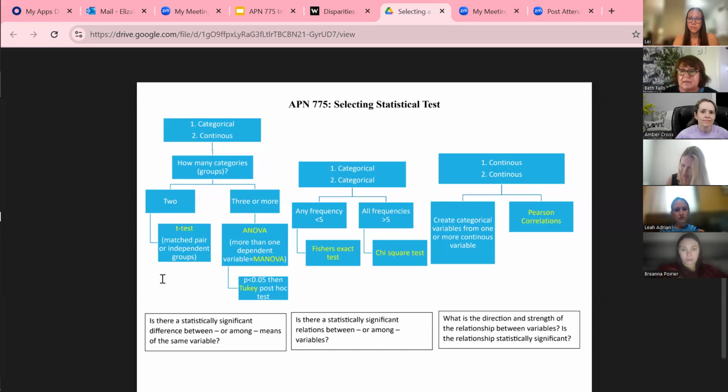So when you look at everything together, that's your inferential statistics. The other thing is lots of students had covariance as a heading in their methods.